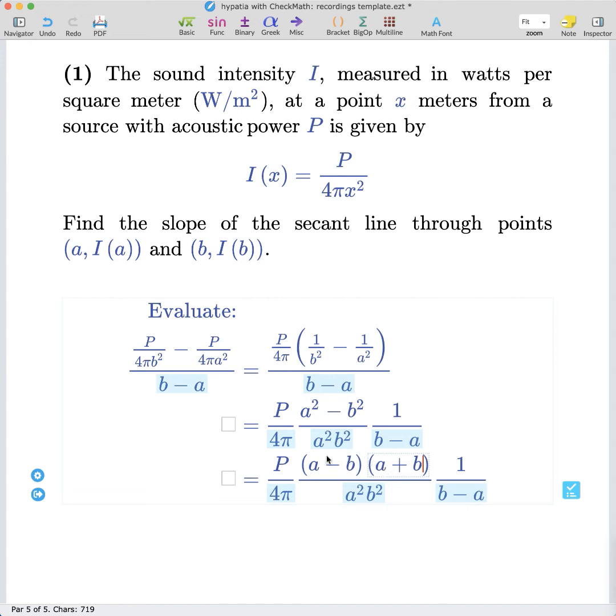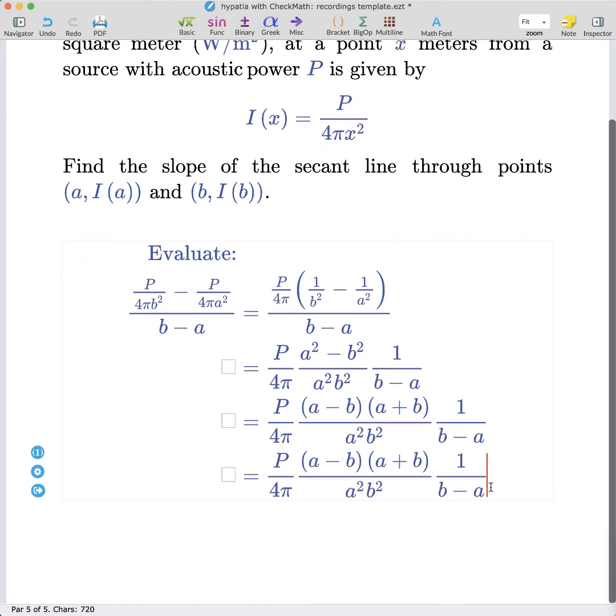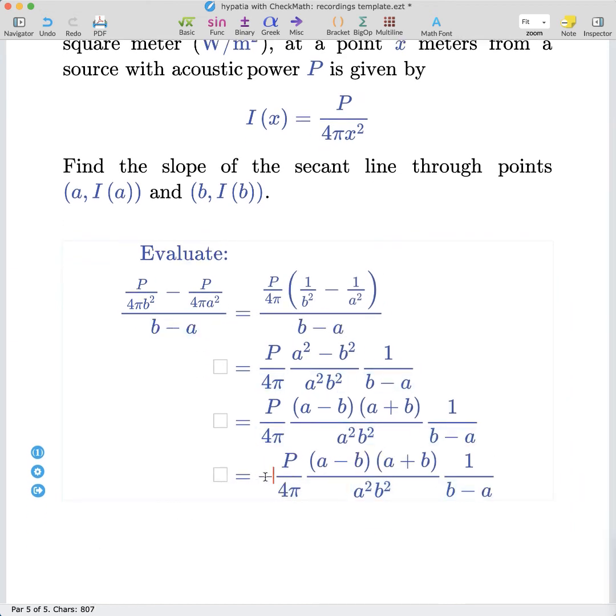And now we see that we have an A minus B in the numerator and a B minus A in the denominator. So if we factor out a negative from the B minus A, then we can cancel out the two A minus B's. So let's go ahead and do that again. I'll hit Command Enter to copy this line down. We can add the negative that we factor out, and then we can cancel out the two terms here.